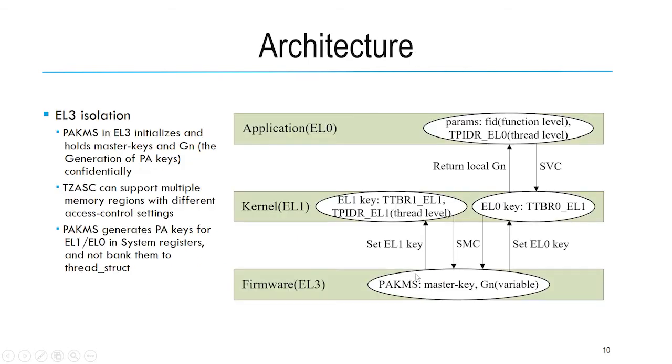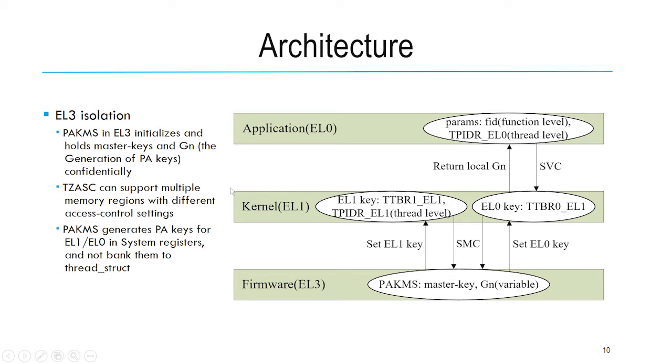So we propose the Pointer Authentication Key Management Service, PKMS, to provide PA keys for the kernel and user space applications, which ensures the confidentiality, variability, and diversity of PA keys. Our idea is simple: to make the PA keys changeable, we use a variable, namely GN, to generate PA keys for EL1 and EL0.